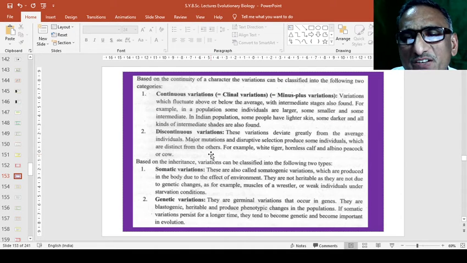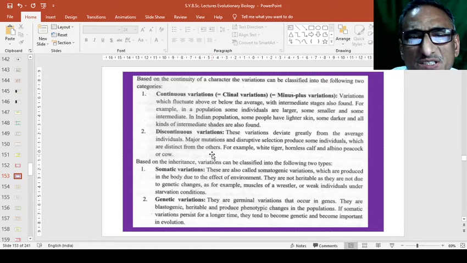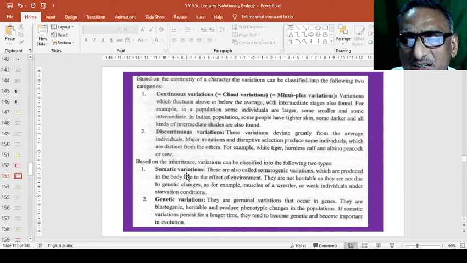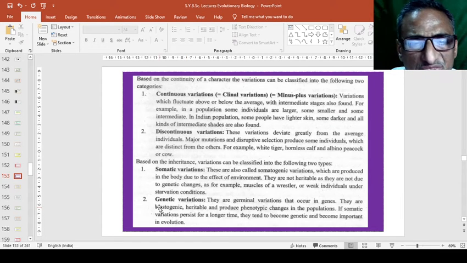In a population, some individuals are larger, some smaller, and some intermediate, as in the Indian population. Then discontinuous variation includes variations that deviate greatly from the average individuals, where major mutations and disruptive selection are produced in these individuals. For example, the white tiger, and the hornless calf.